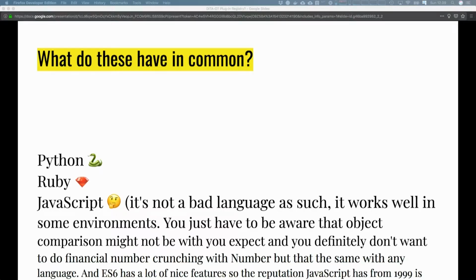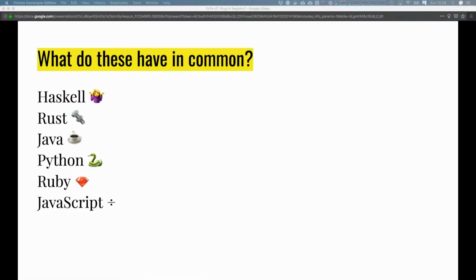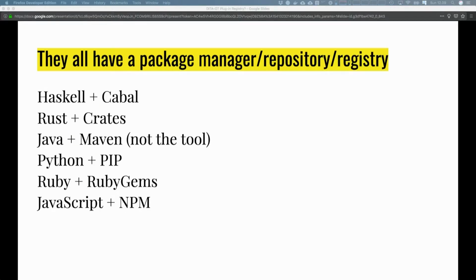So, JavaScript is another one. What do these all have in common? Well, they are programming languages. That's one answer. But the answer I was looking for is that they are programming languages that have a package or library or module repository of some sort.